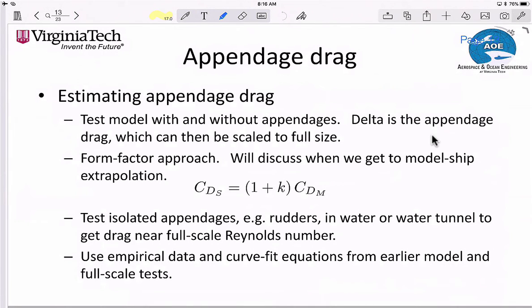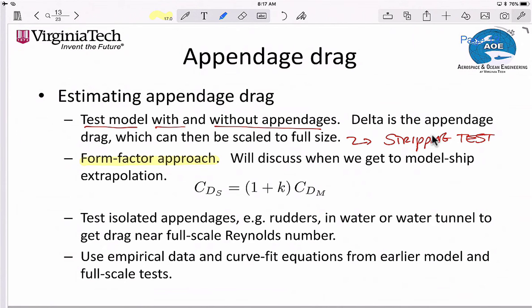To estimate appendage drag, you can do a couple different ways. One is you can test the model with and without appendages, and this is often called the stripping test. You know, you add the appendages on one at a time. Another way is the form factor approach.